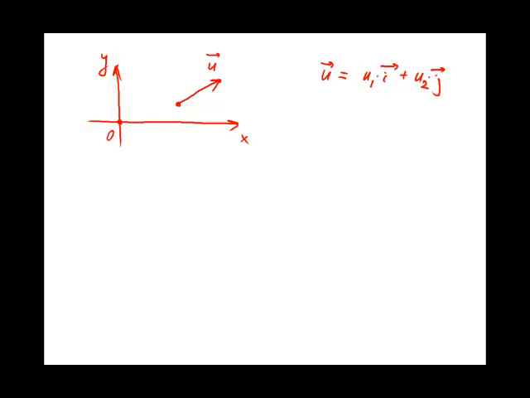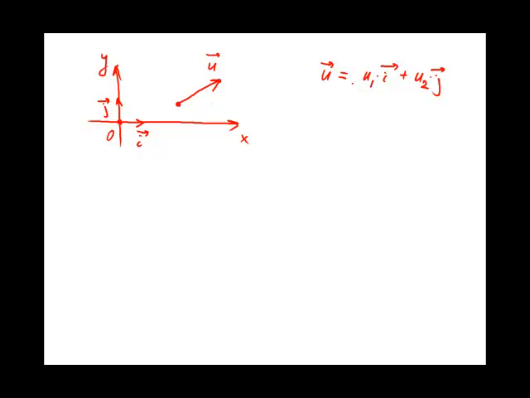So u1 and u2 are numbers. They are called the components of the vector u. As always, we have vectors i and j with the length 1.